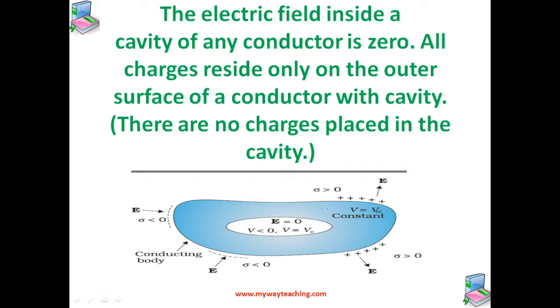But the vanishing of the electric field in the cavity of a conductor is a very general result. A related result is that even if the conductor is charged or charges are induced on a neutral conductor by an external field, all charges reside only on the outer surface of the conductor with the cavity.